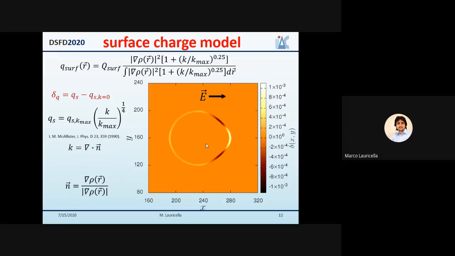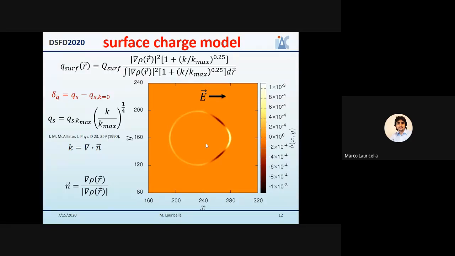So we use a theoretical observation provided by McAllister, and in particular, we use a relationship between the charge density and the curvature. Hence, by adding the correction term for the curvature in our model, and for instance, simulating a charged droplet moving under the effect of an external electric field, we can observe the difference in the charge density when we use or we do not use this extra term.